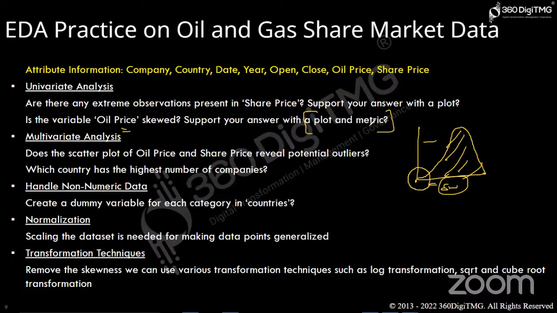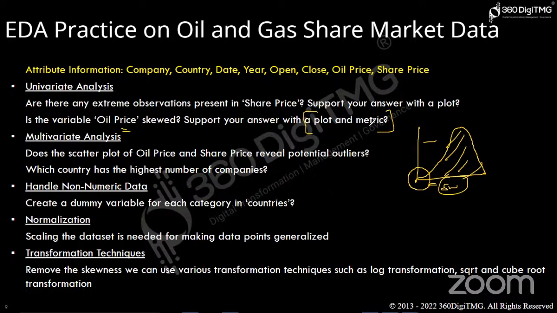In the same way, we have multivariate analysis. Does this scatter plot of oil price and share price reveal potential outliers? I can do multivariate analysis here. Which country has the highest number of companies?